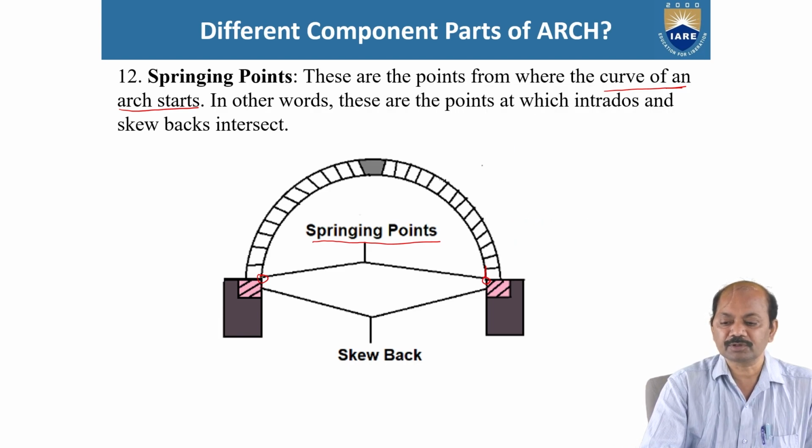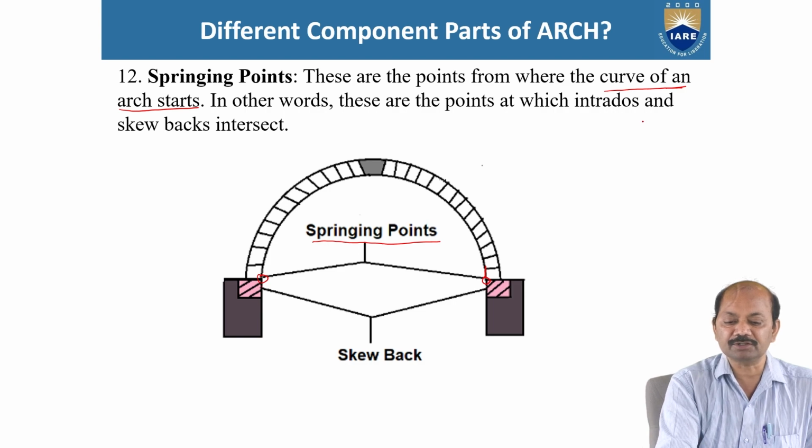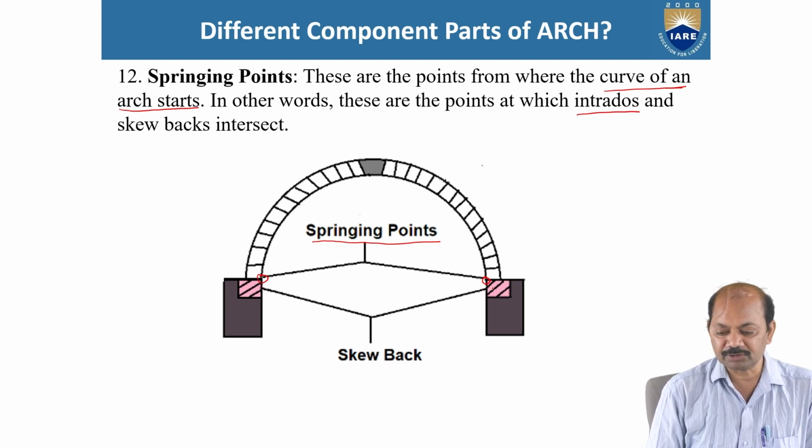These are the points at which intrados and skew backs intersect. Intrados means the inner surface of the arch. Inner curved surface of the arch is called intrados, and skew back you already understood in the previous slide.